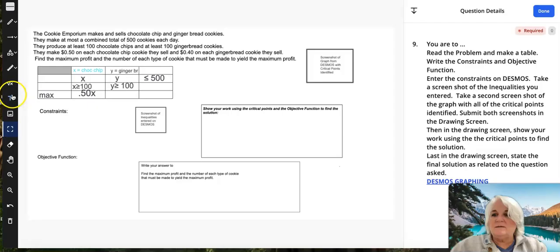And a text box over here where it's 0.40 because it's 40 cents for gingerbread cookies. And that would be Y, 0.40 Y. And remember, I don't have that equal to anything because it's my objective.